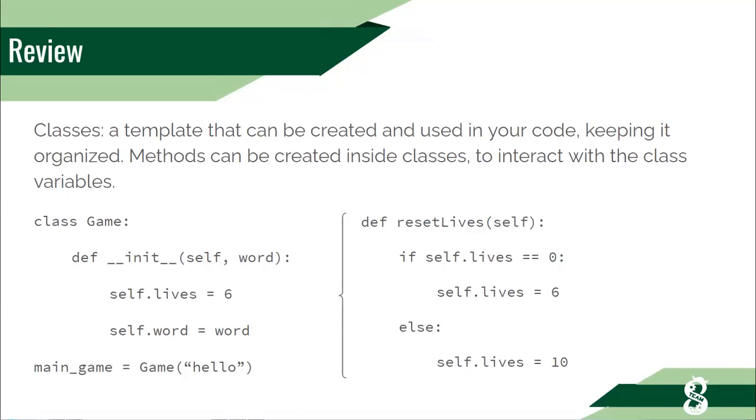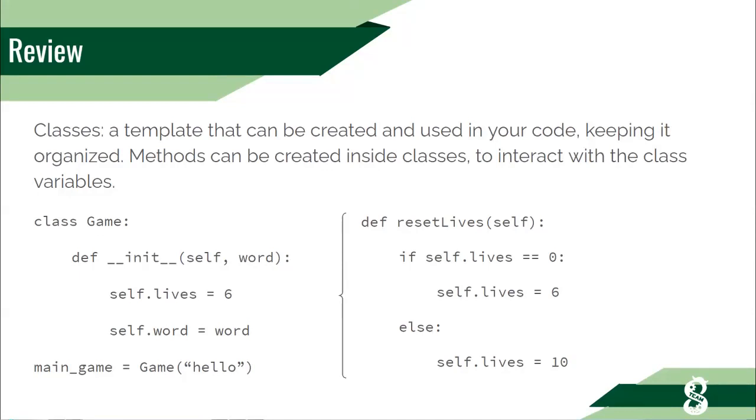It's optional based on what you want to do with the class, but it's a special method inside the class. And then there's also the self keyword, which is what you use when you're referring to the class itself or the object itself.